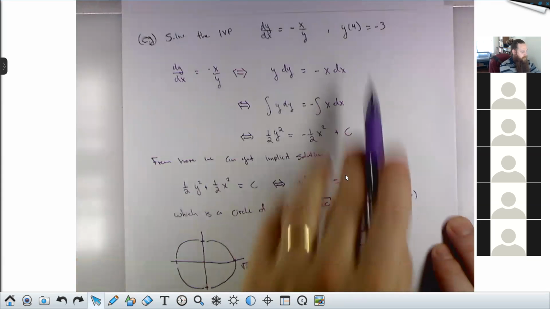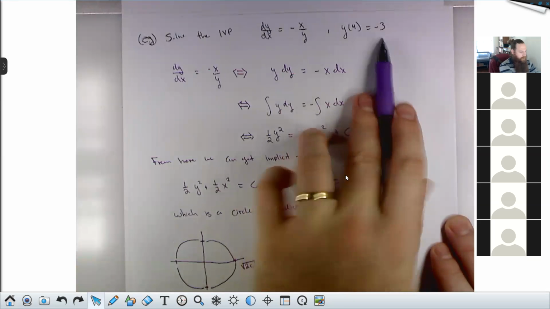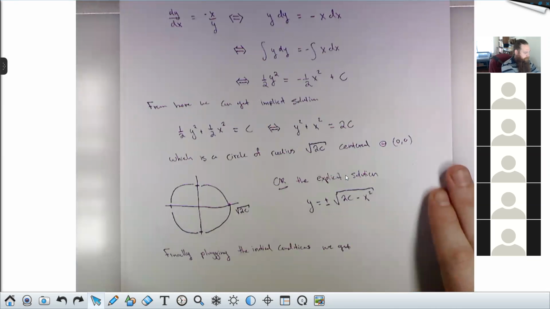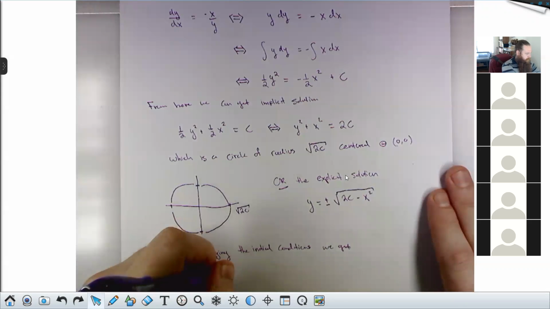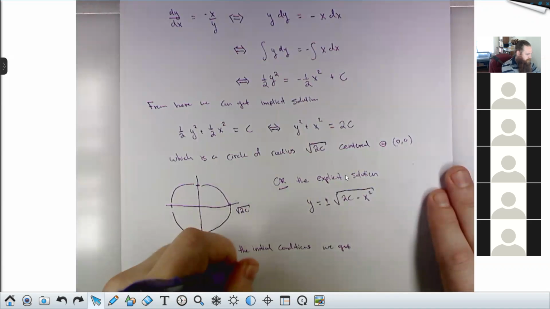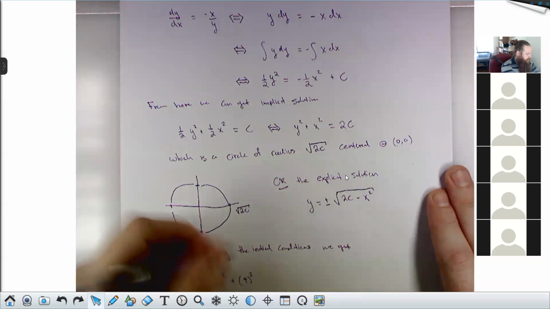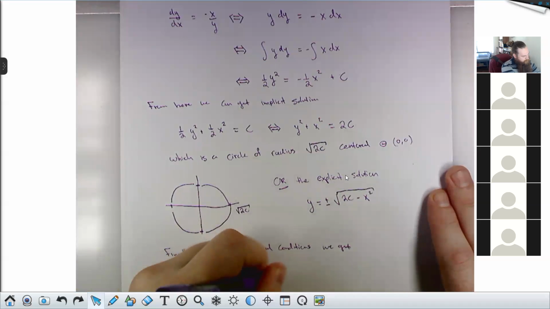So this says when x is equal to 4, y should be equal to -3. So -3 squared, that's the y, plus 4 squared is equal to 2c.